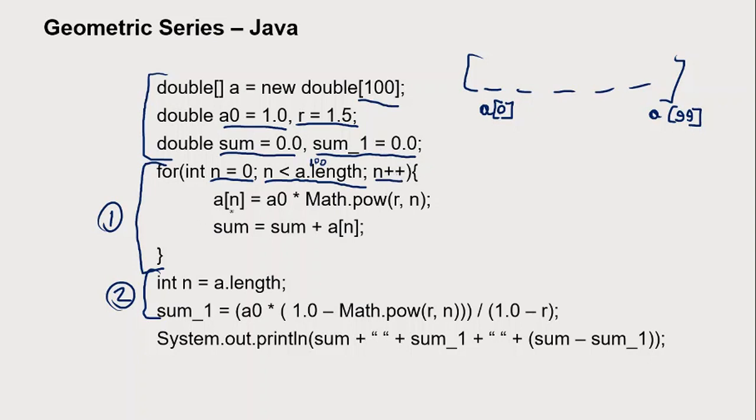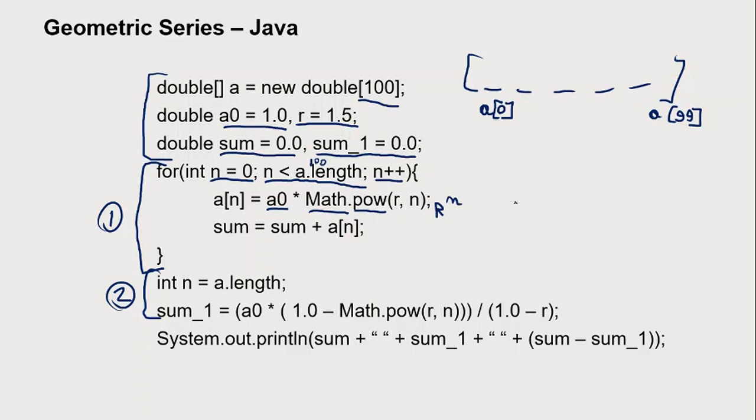An n value, so the value in the nth position, is found by taking the first value, a0, which we said will be 1, multiplied by Math.pow of r and n. Again, we are using the method pow on the class Math, and what it does, just to remind you, is take the first argument inside the brackets and raise it to the power of the second argument inside the brackets.